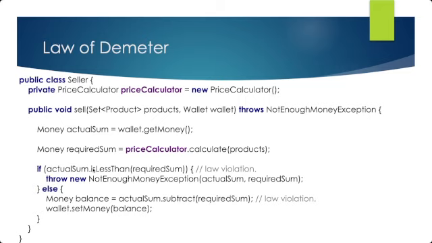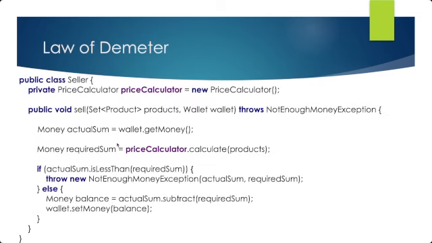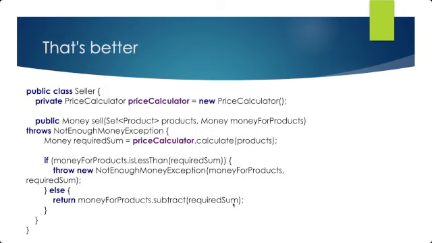That's why the law of Demeter gives us the rule about which methods we can work with in our method. And here we violate this law here and here because we call the methods of the money class. And we can change this code to remove this extra dependency.